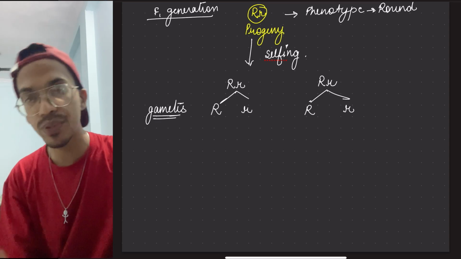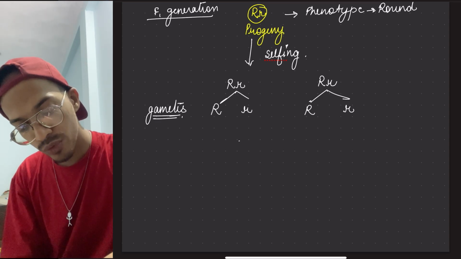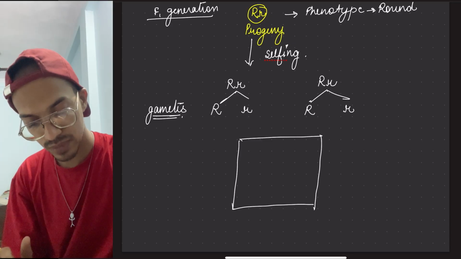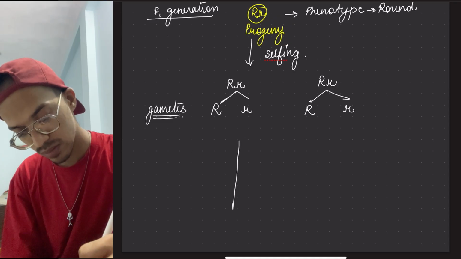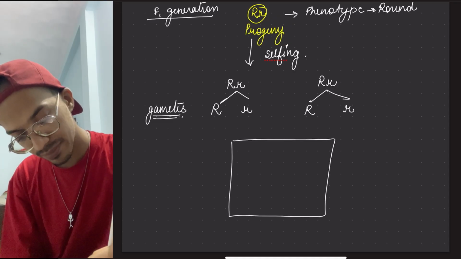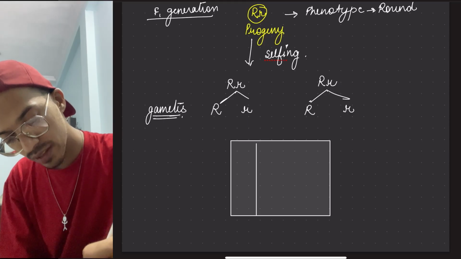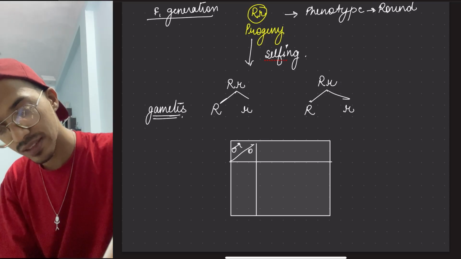Now we will do it the Punnett square way. In a Punnett square, we will make boxes kind of a thing. Here we will be writing male and female. So this is our male, this is our female.